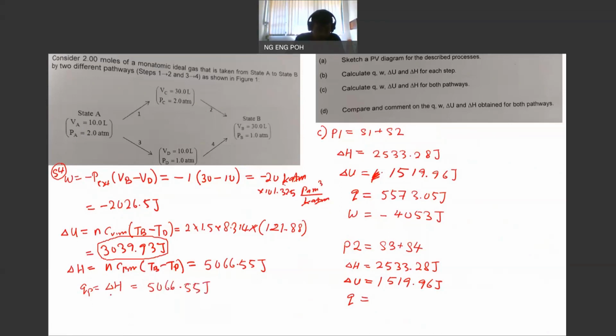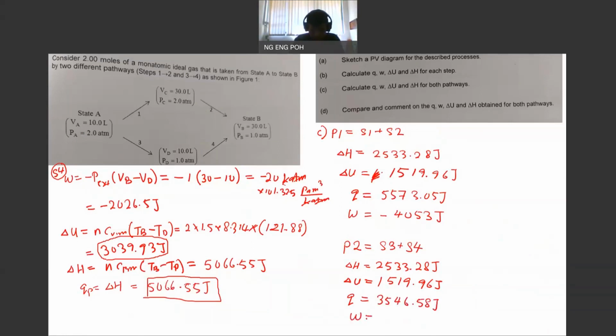So your Q is this value plus 5066.55, so 3546.58 joule.